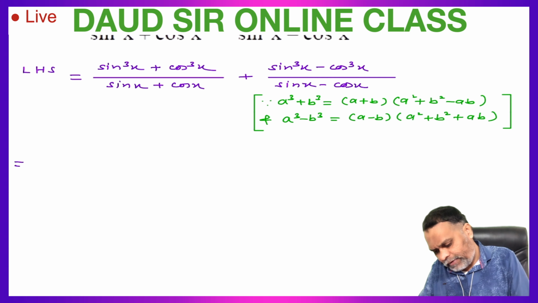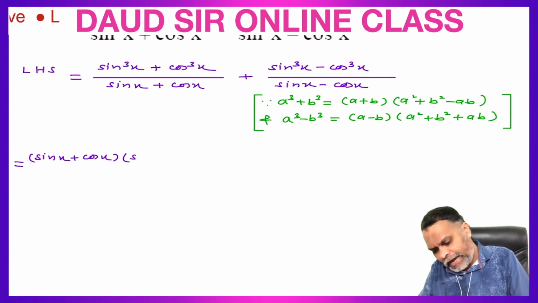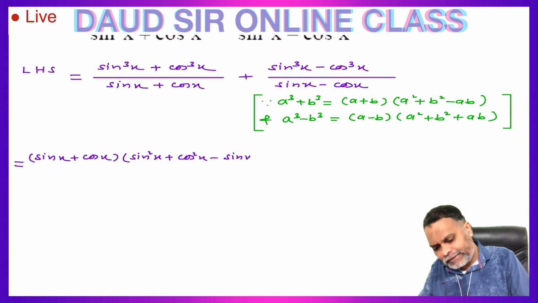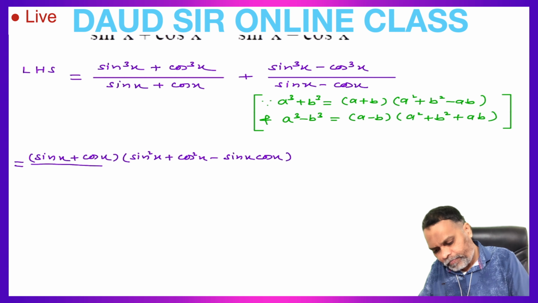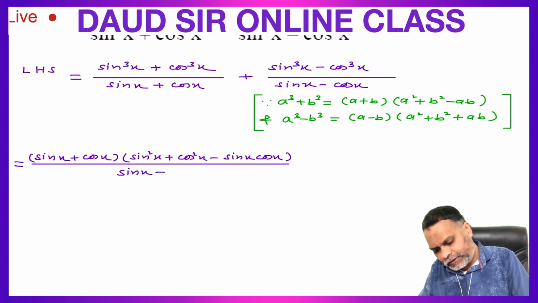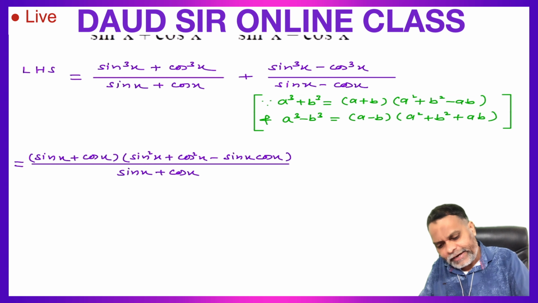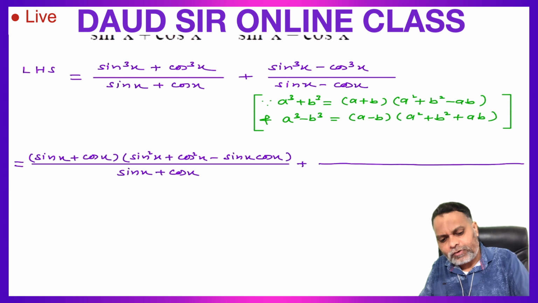So the left hand side will become, for sin cube plus cos cube, we can write (sin x plus cos x) into (sin square x plus cos square x minus sin x into cos x) upon the denominator as it is, sin x plus cos x. In the second term, apply the identity a cube minus b cube.